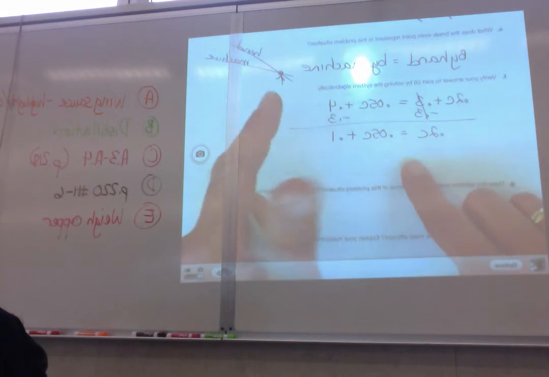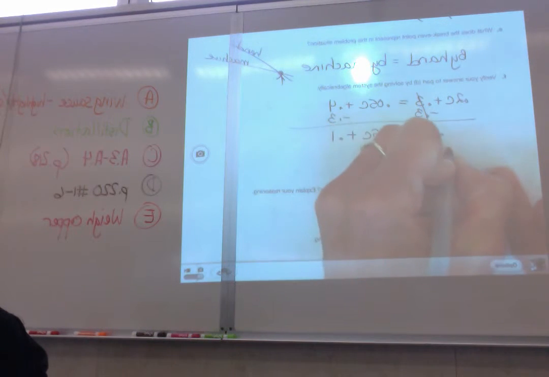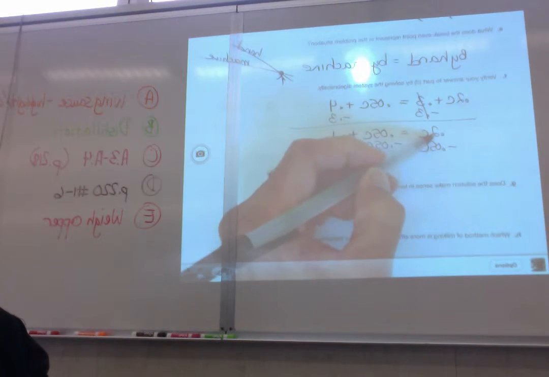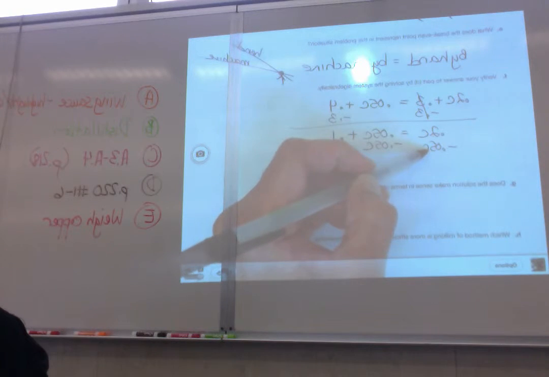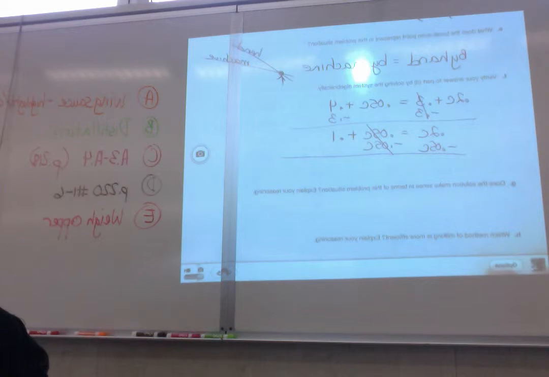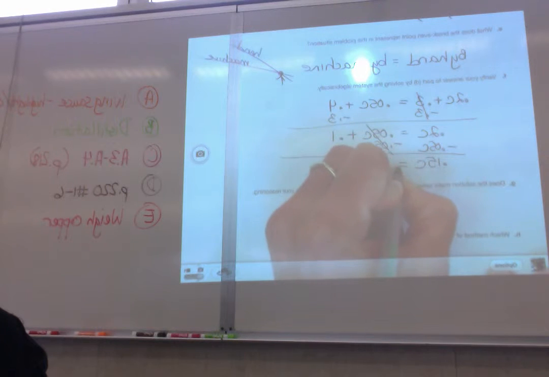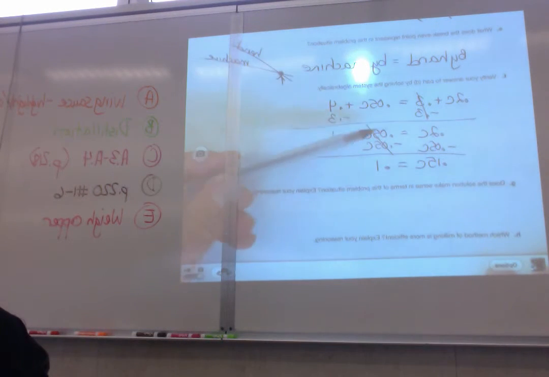Minus 0.05C, which looks like crazy math, but we have a calculator. Take 0.2 and subtract 0.05. I'm hearing 0.15C equals 0.1.